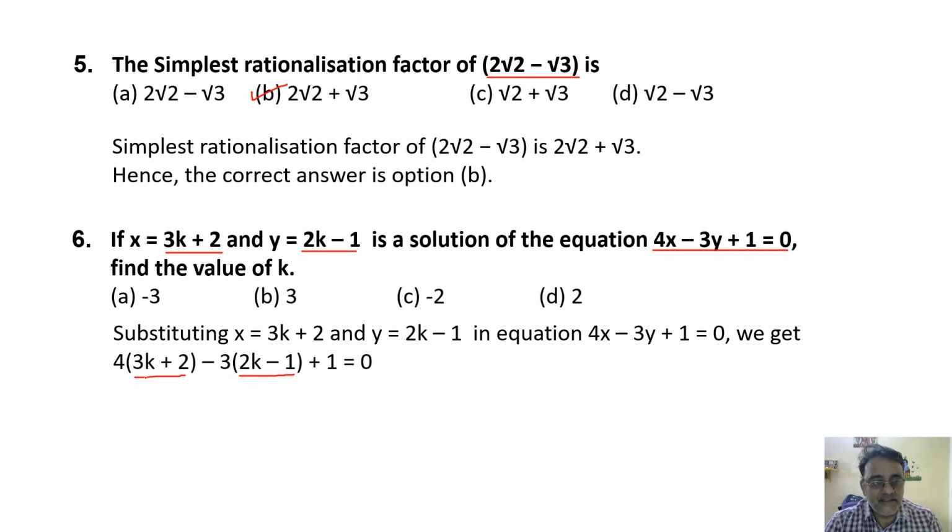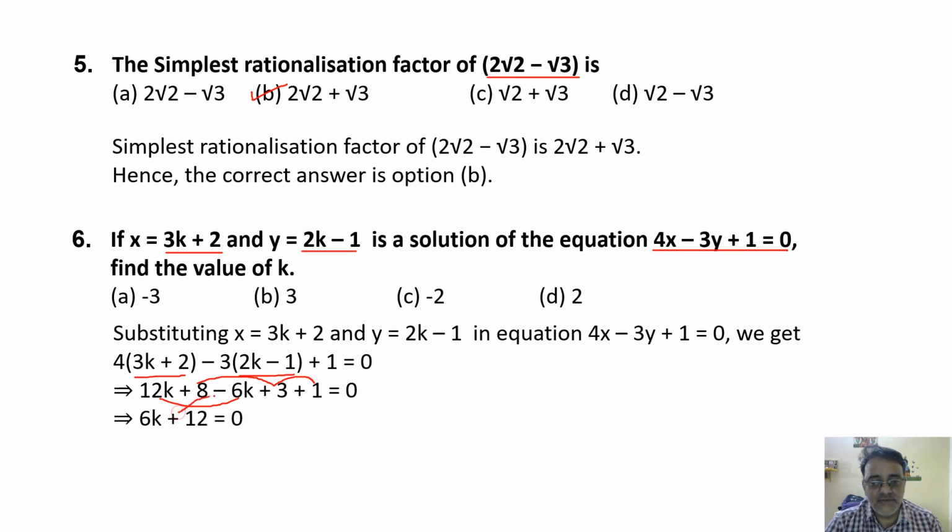Now open the bracket. So ये हो जाएगा 12k plus 8, and this will become minus 6k plus 3 plus 1 is equals to 0. 12k minus 6k will become 6k, and 8 plus 3 plus 1 will be plus 12. So 6k plus 12 is equals to 0.